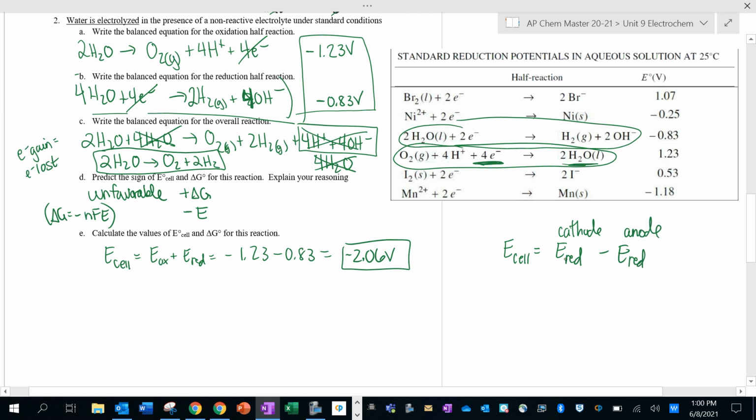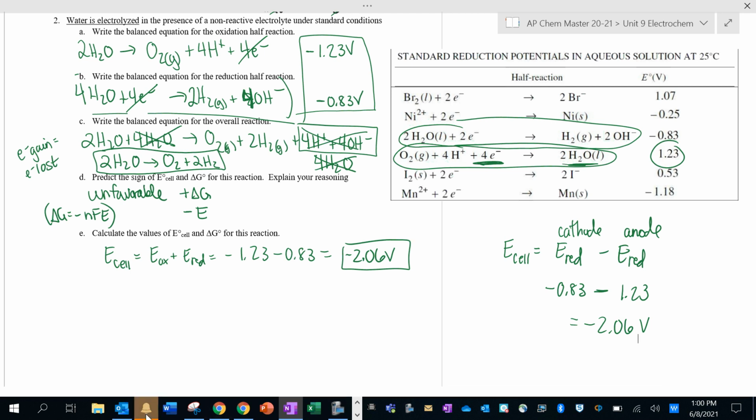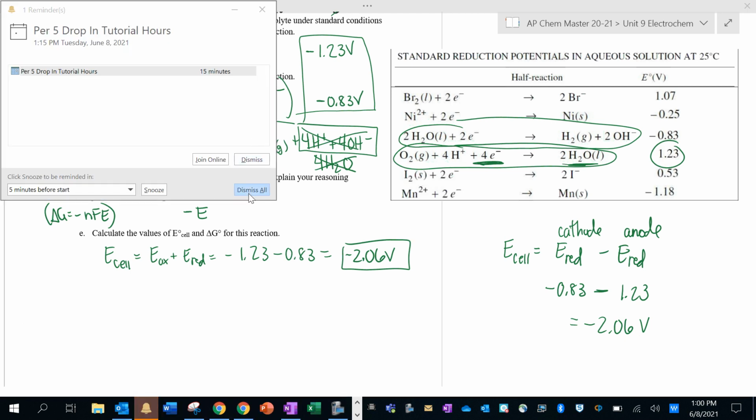So basically what that means is you take your reduction, which is negative 0.83, and you subtract the 1.23. Notice how we get the same answer. It's just a different way of thinking of it. This way thinks of it as a subtraction. This method thinks of it as flipping it around and then adding it. But it's the same thing. Either method works.